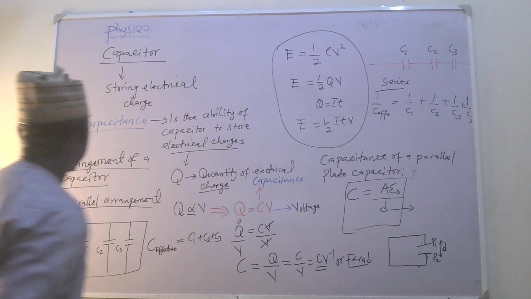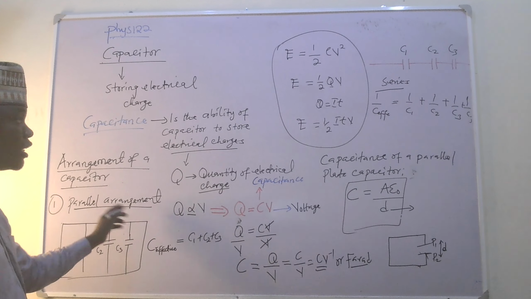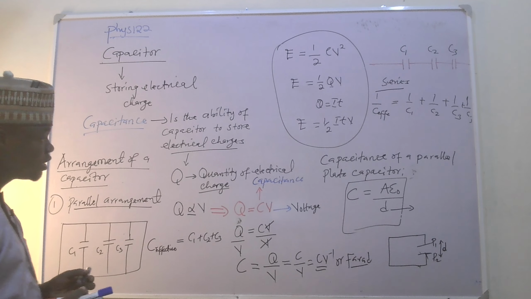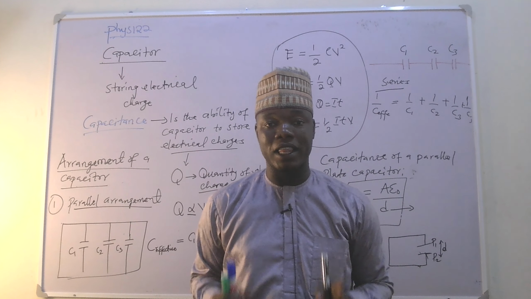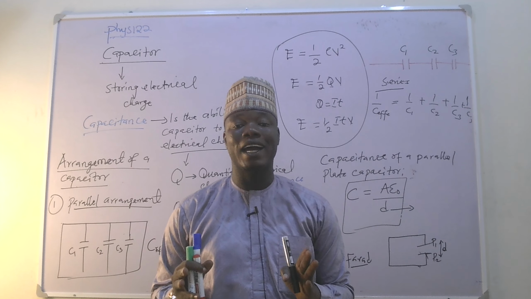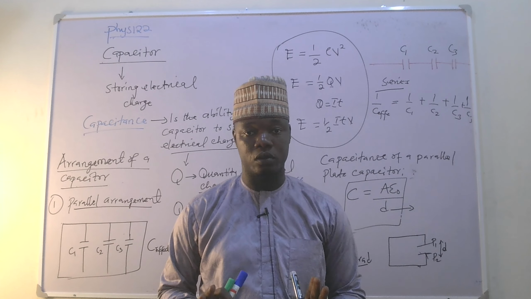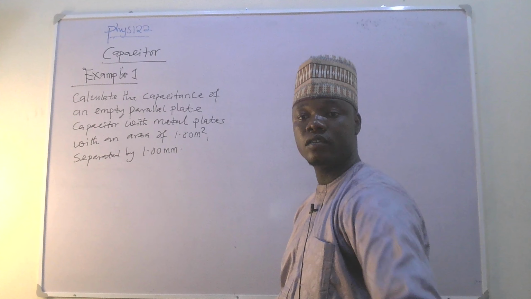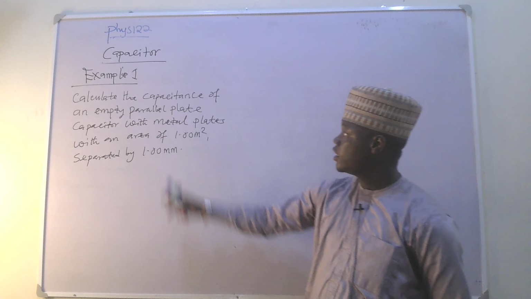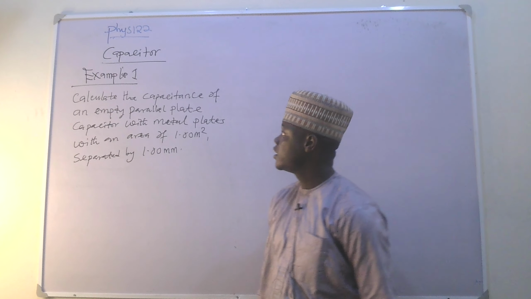And then the arrangement of the capacitor in parallel is like this. So ladies and gentlemen, without wasting much of our time, we are now going to look at examples and solve. Let's start with this example.